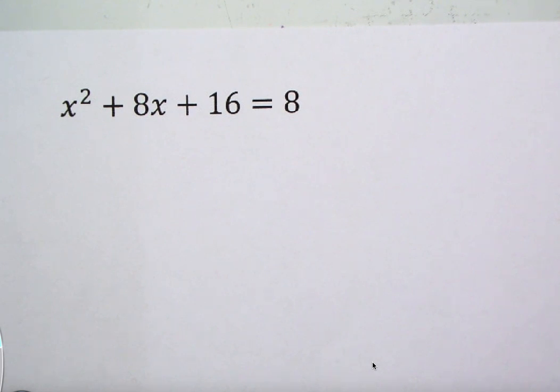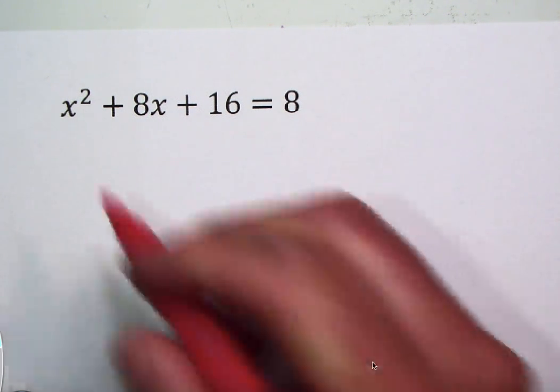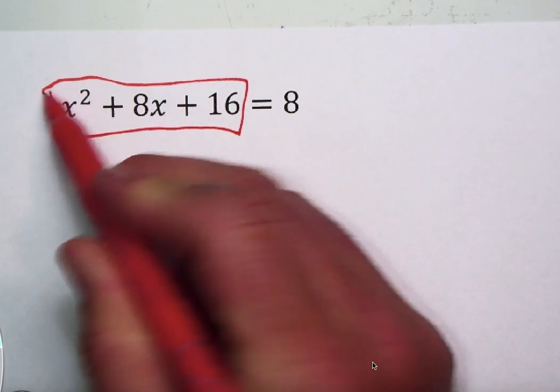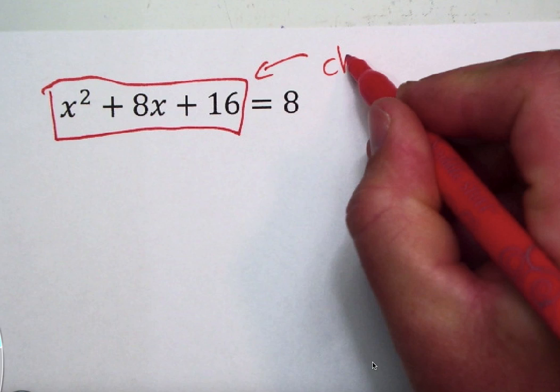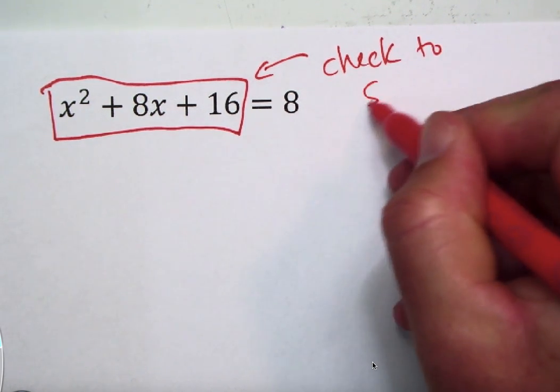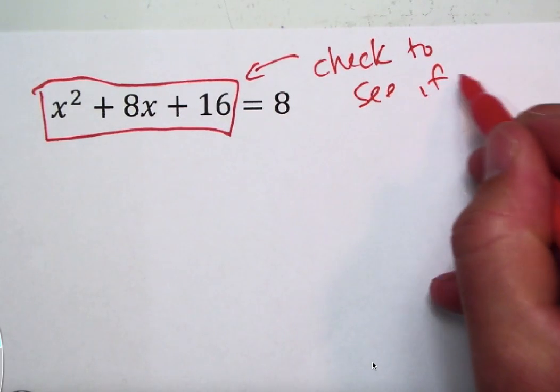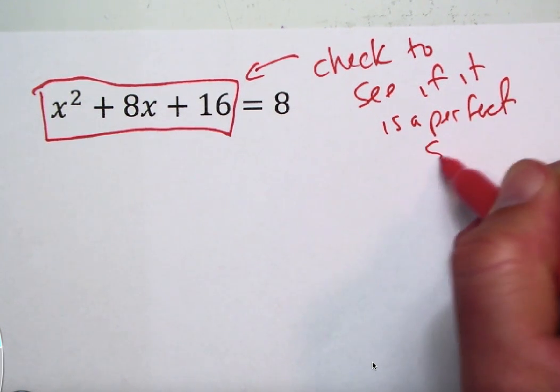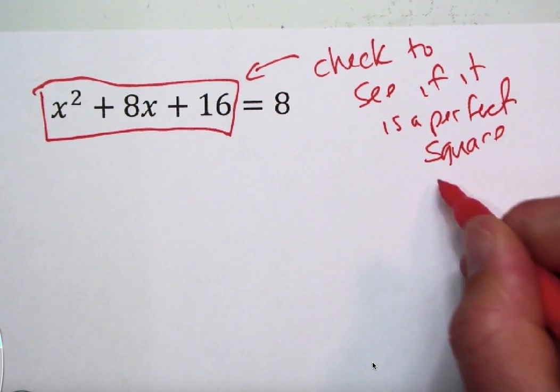And then we could try to factor it and use the zero product property. But one thing you can do first is to check to see if it is a perfect square trinomial.